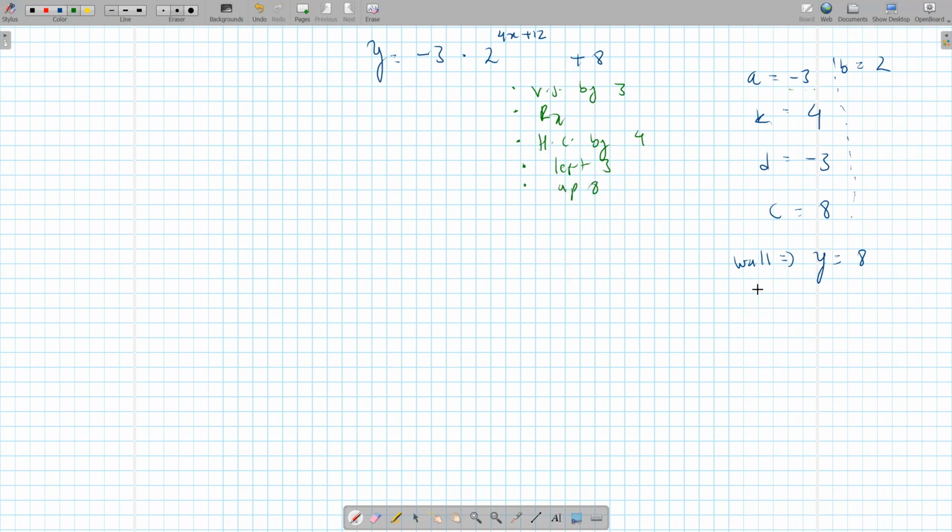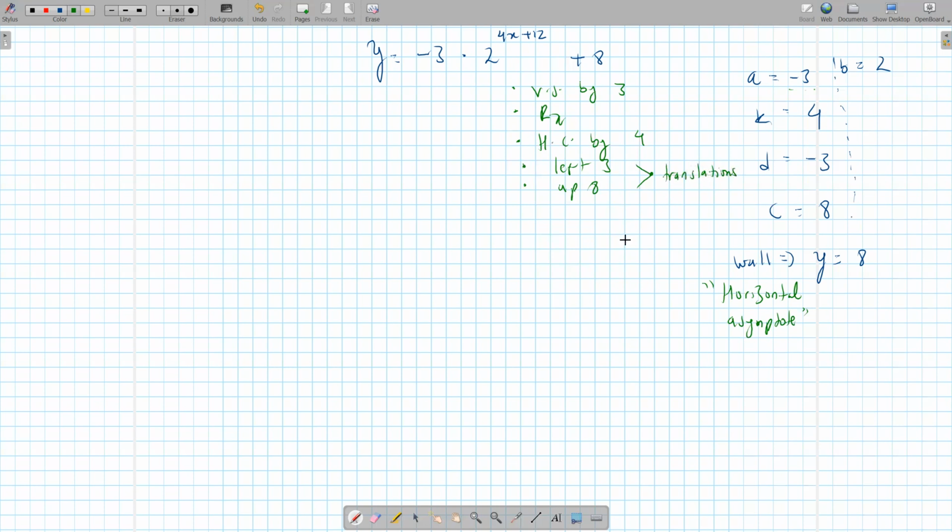Just some terminologies here. The wall, that's just the informal way of saying it. The actual thing is the technical mathematical terminology. This is called a horizontal asymptote because it's a horizontal line. And then when it goes left, right, up, or down, these are called translations.